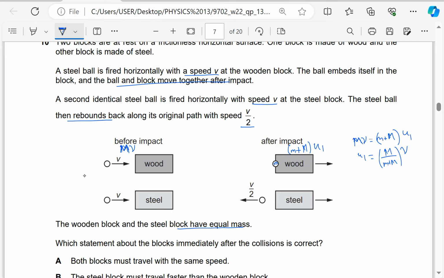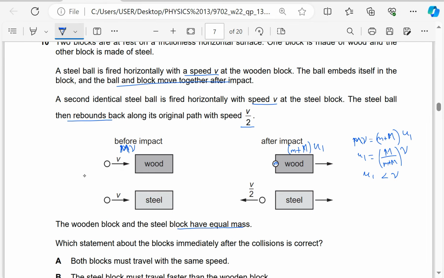Remember, small m is the mass of the steel ball. The denominator is bigger than the numerator, so U1 is automatically less than v.